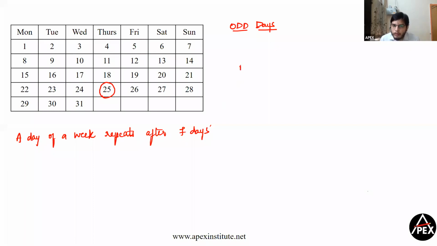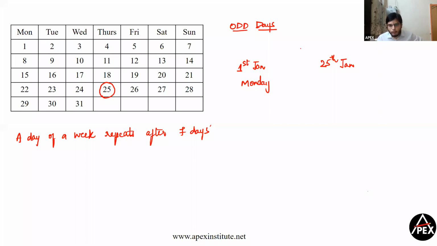I told you 1st Jan is Monday, and I asked you to determine 25th Jan. What day of the week is 25th Jan? Take the remainder to find odd days. Taking the remainder is nothing but odd days.